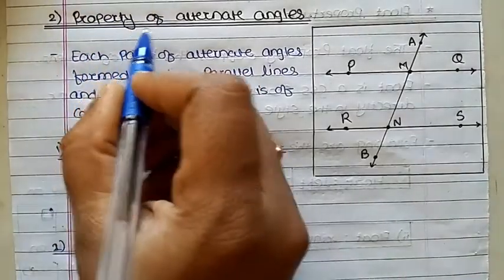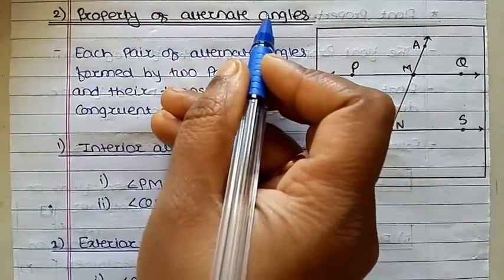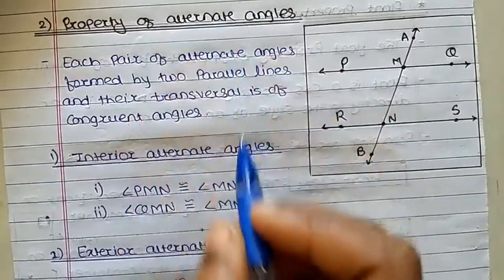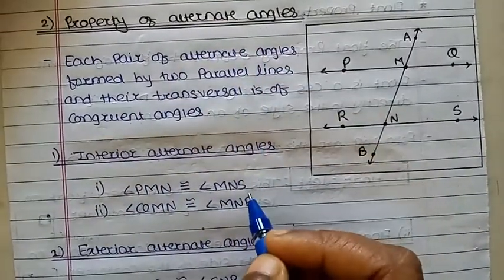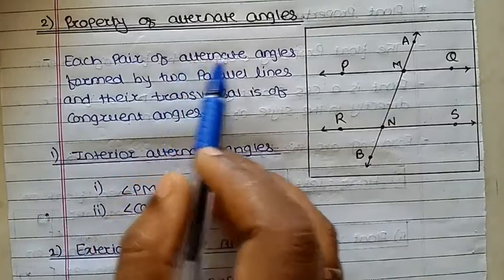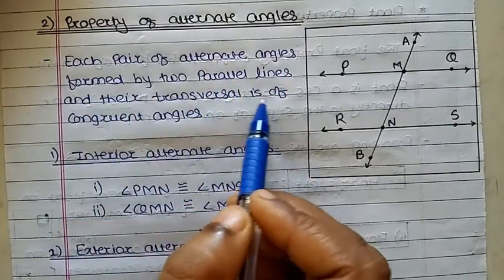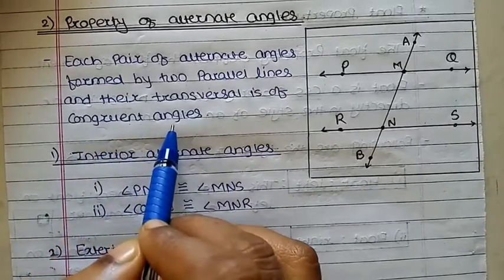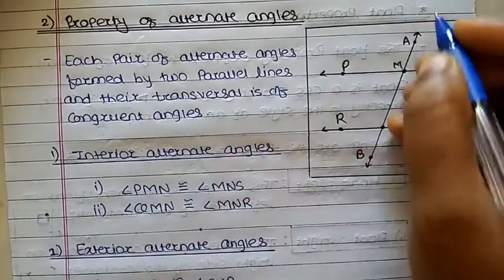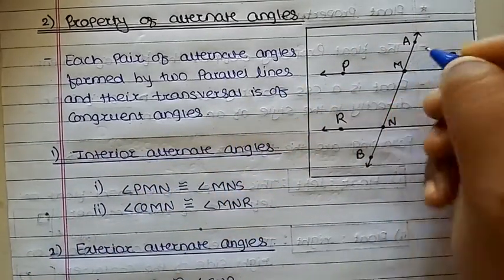Now next, that is the property of alternate angles. So what is meant by alternate angle here? Each pair of alternate angles formed by two parallel lines and their transversal is of congruent angles. What is meant by alternate angle? We have to skip one place.